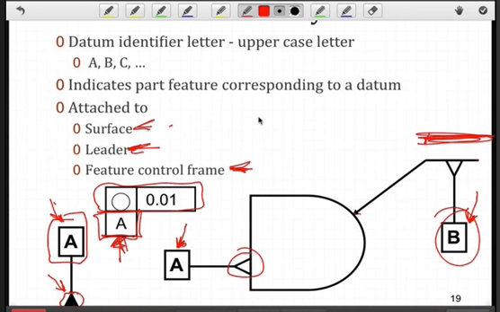So don't confuse this A here with the feature control frame. I know that's often the case. Students think that somehow this A is part of this feature control frame. It's independent of that. All we're saying is the feature that we're controlling with circularity is also a datum.